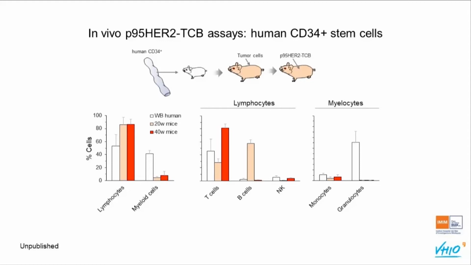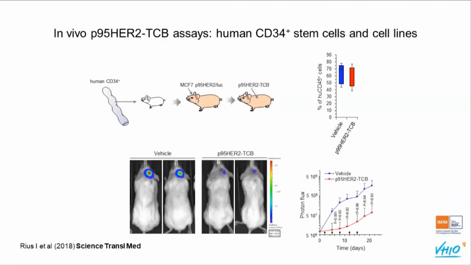With this model, we tested the efficacy of these T cell bispecific antibodies against brain metastases. As you may know, this is one of the unmet clinical needs in breast cancer patients. Most of the antibodies do not cross the blood-brain barrier, and it's not easy to treat these metastases.